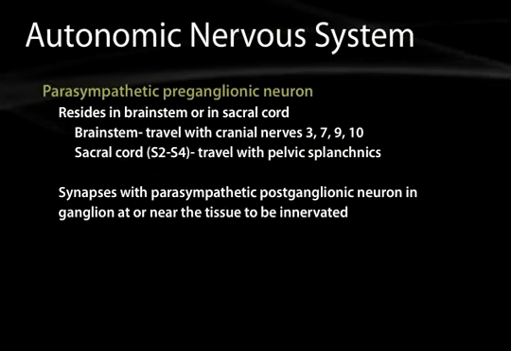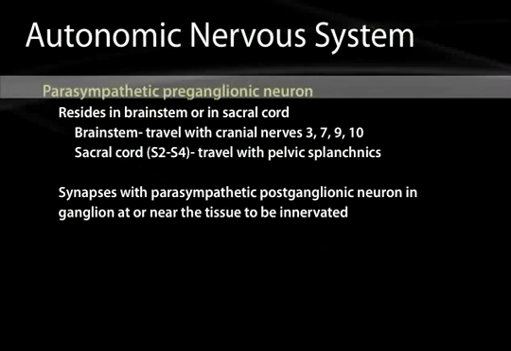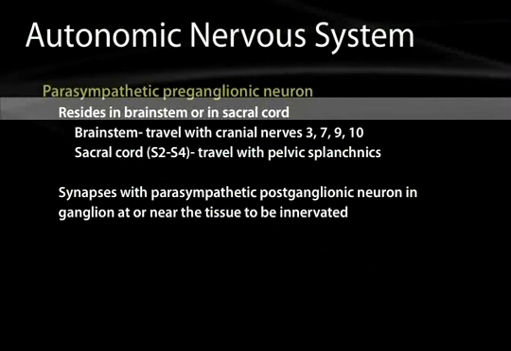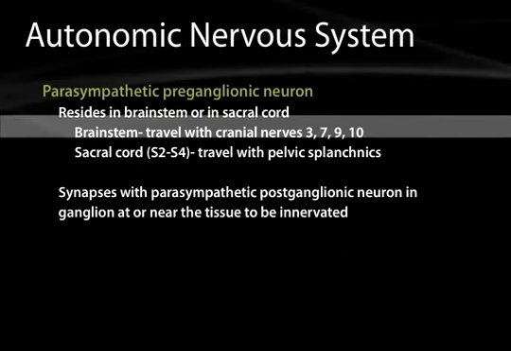Let's talk about where these cells are located. For the parasympathetic system, the preganglionic neuron is located either in the cranial or the sacral region of the central nervous system. In the cranial portion, it's found in the brainstem, located near the areas of cranial nerves 3, 7, 9, and 10.